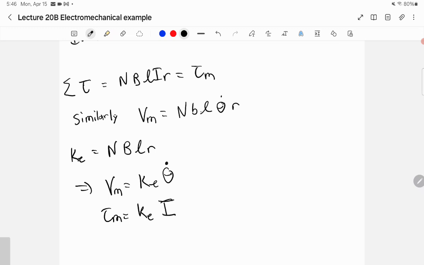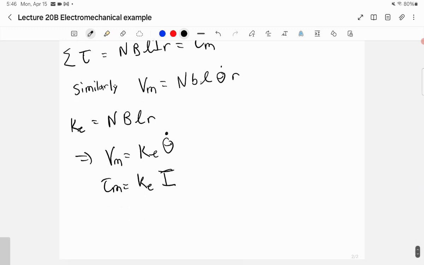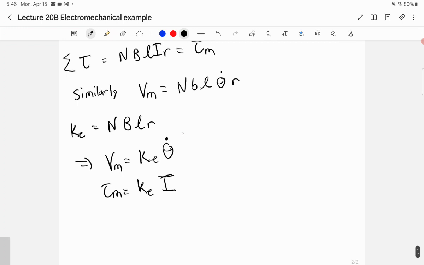So when we put all of this together, this is what we get for a DC motor. These are going to be our equations for a DC motor. So now let's make this into a nice, somewhat complicated problem.